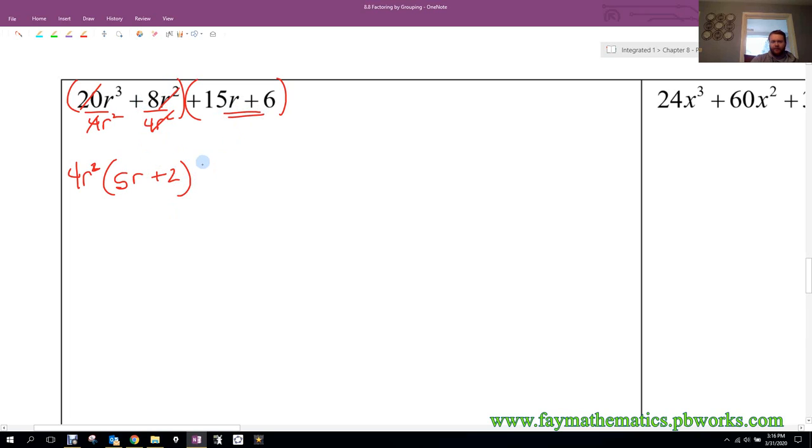If I look at these, they both have a 3 in them. Let's bring 3 out. And then 5r plus 2. So, stuff on the outside is a factor, 4r squared plus 3. Stuff on the inside, also a factor, 5r plus 2.